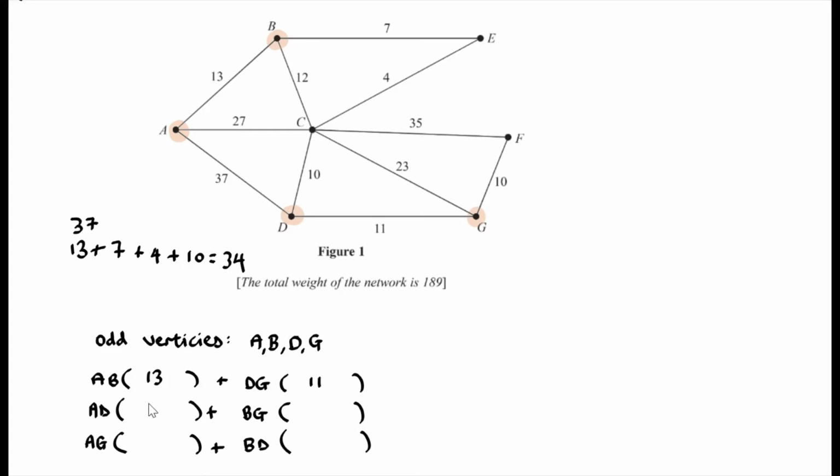So of course we write down the 34 instead.